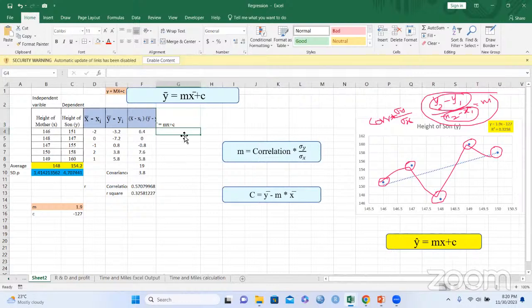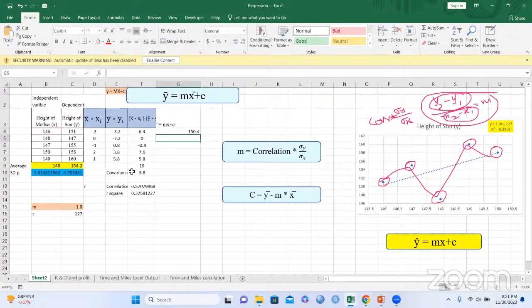Which is equal to my slope 1.9 into the x value, that is the observed value, first mother height, plus the c value, which is this one. As it is a minus value, I am using a bracket to close that one.